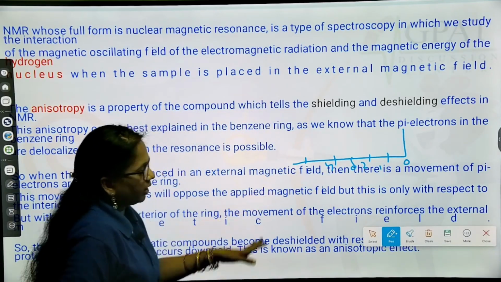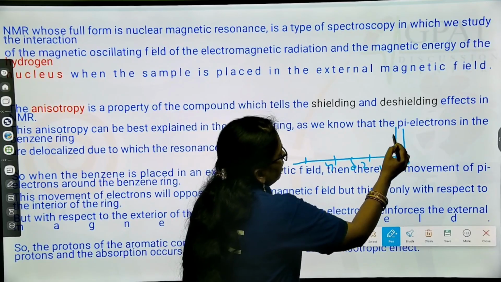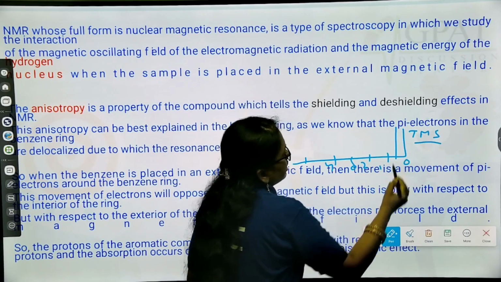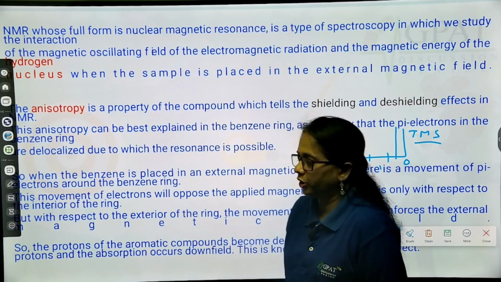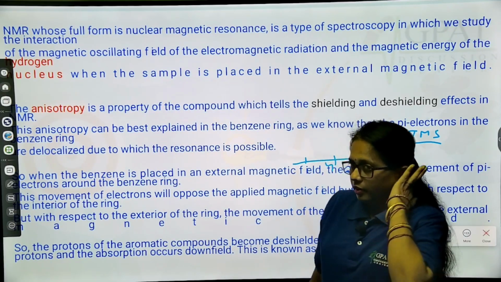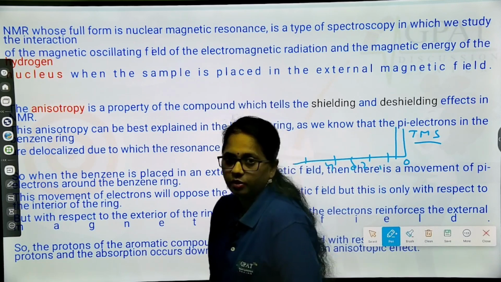Okay, so in the proton NMR, immediately you are going to see the peak that is related to tetramethylsilane, that is nothing but the reference peak. Okay, the reference standard we are going to use, and these are the peaks you are going to observe for the chemical shift.